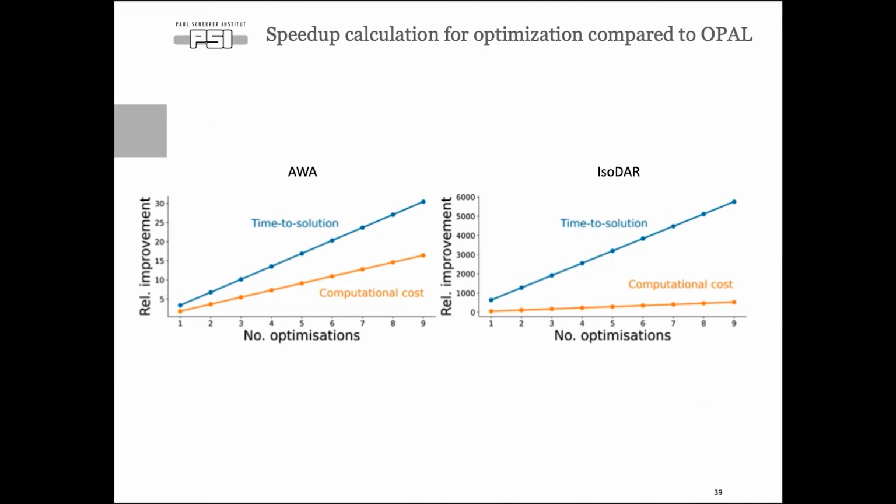And for the AWA, we get that our approach is 3 times faster than if we would use OWLE, and we have a computational cost save of 45%. And for the Isodar example, we get that the computational cost is improved by 98%, that it is 600 times faster.